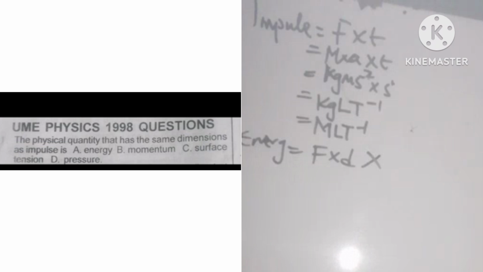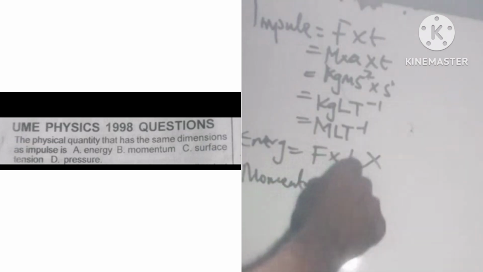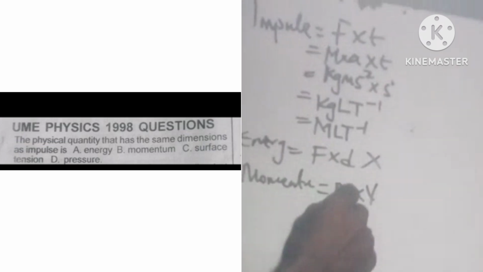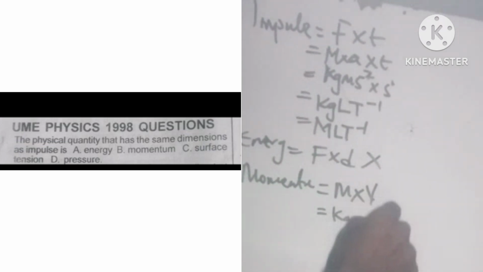Now the next one is momentum. Momentum is equal to mass times velocity. And don't forget, mass is kg, velocity is meter per second.